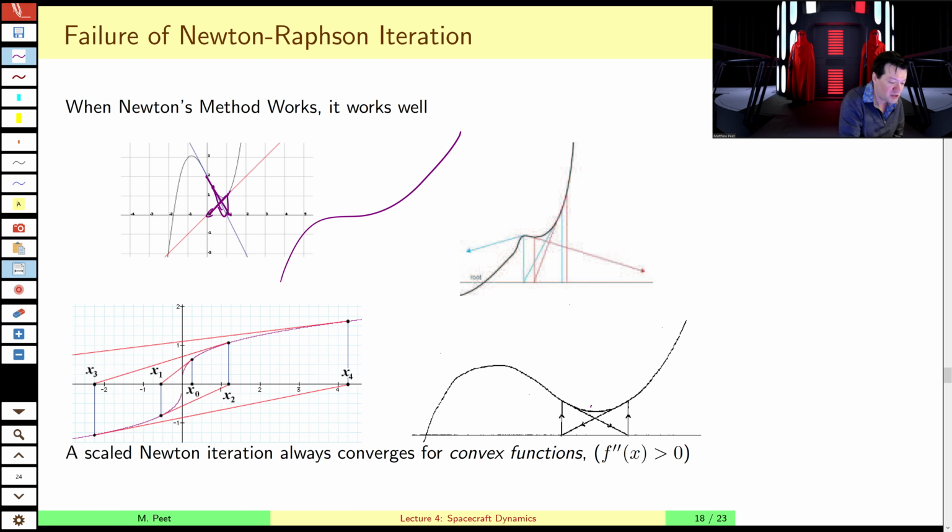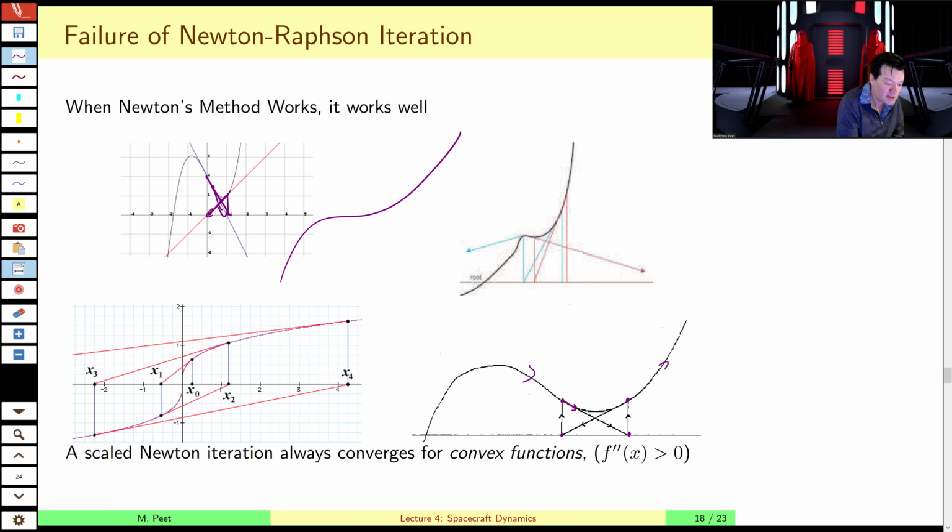Here's another case where it's not monotone. It's going down and then up again, and it gets stuck at this local minimum here. So you estimate it here, it sends you over here. The derivative sends you over here. You estimate it here, it sends you back over here. Of course, if we use the scaled Newton iteration, this repetition wouldn't happen.